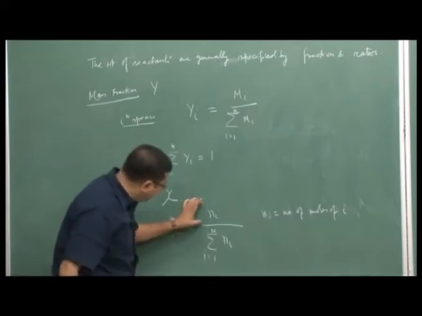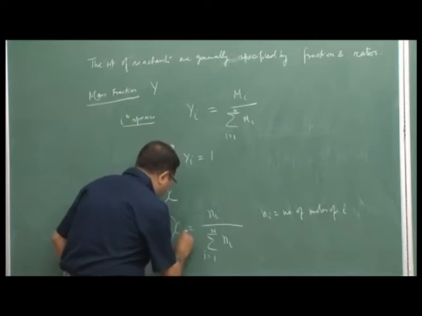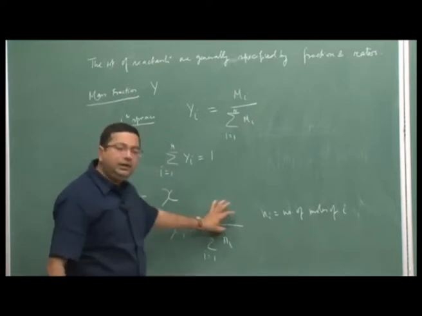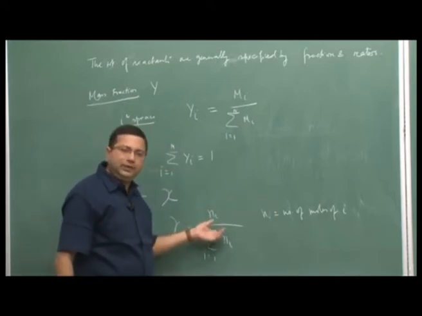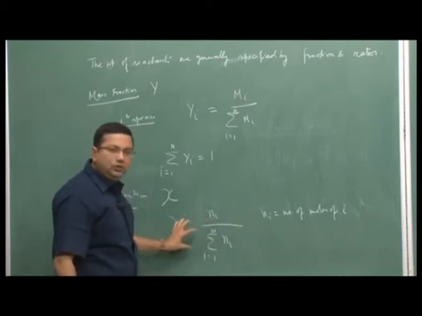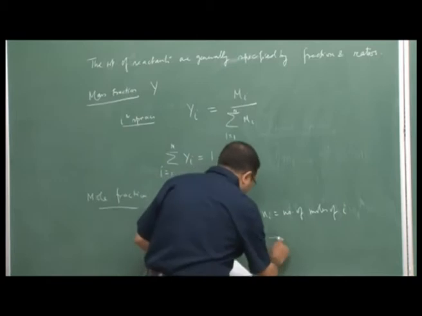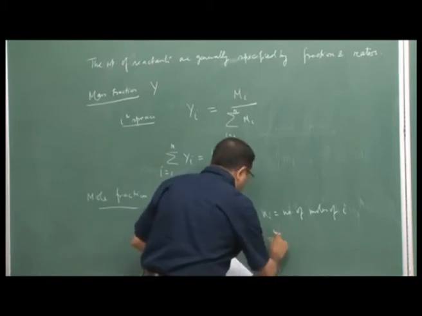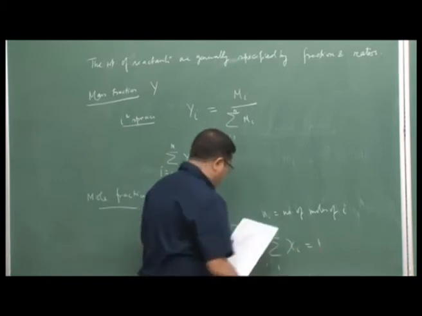Once again, if I add the mole fraction of all the species, then the numerator becomes sigma i equal to 1 to n Ni. So, this is equal to 1. So, once again the sum of mole fractions is also equal to 1.